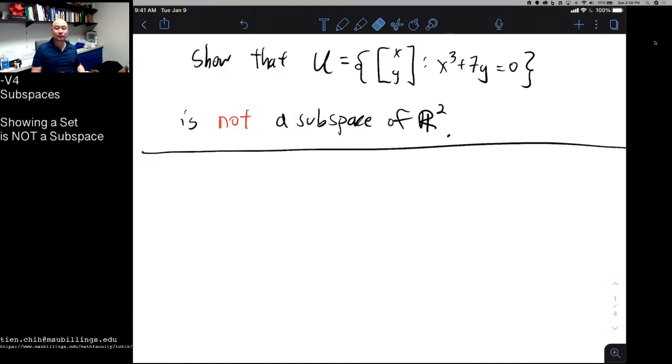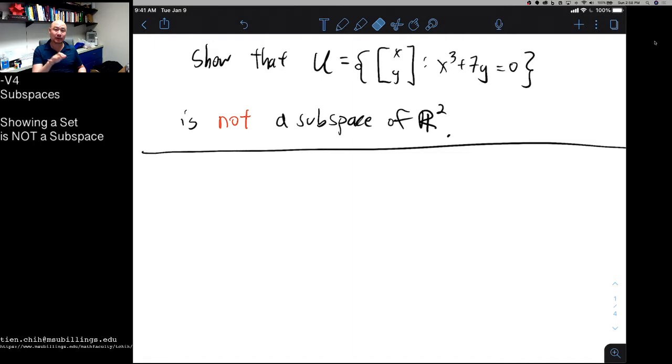Alright, so in this video, we're looking at subspaces again, but now we want to show that something is not a subspace. So remember, to be a subspace, you have to be closed under both the vector sum and the scalar multiplication. So showing that either one of those things fails is enough to show that it's not a subspace of R squared.